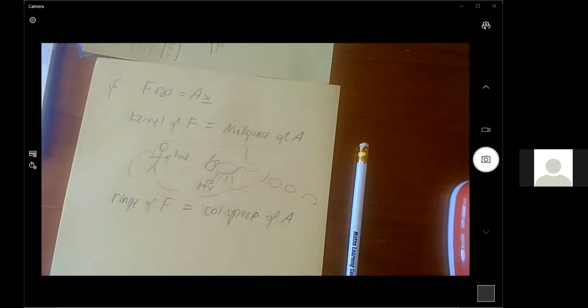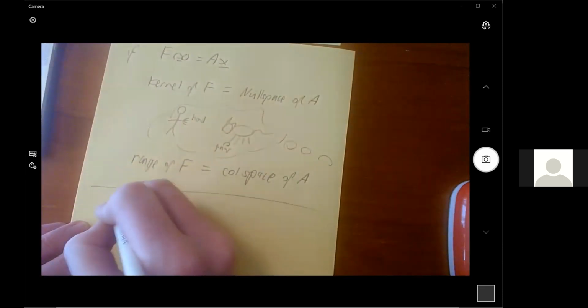So would we calculate the range and kernel the same as you would for the null space and column space? Exactly. If you know what the matrix is that goes with your linear transformation, you do the calculation from the matrix.